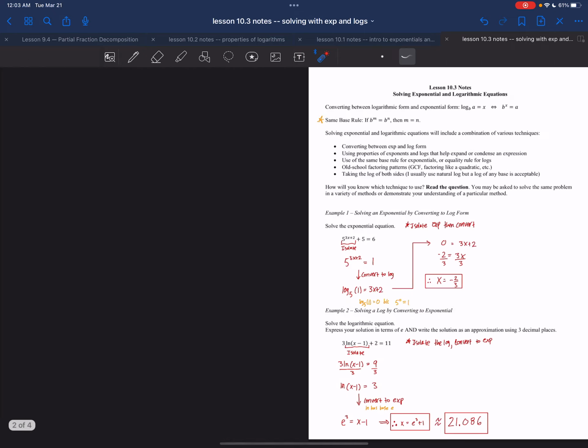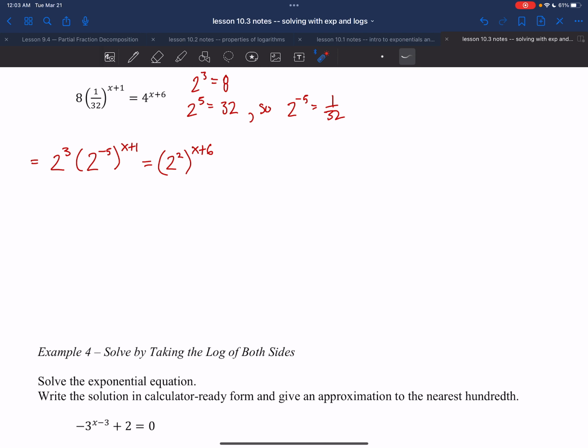I'm going to multiply those exponents together. So I'm going to get 2 cubed times 2 to the negative 5 times x plus 1. Because that's the rule. When you raise an exponent to an exponent, the power rule says that you multiply those exponents together. Equals 2 to the 2 times x plus 6.